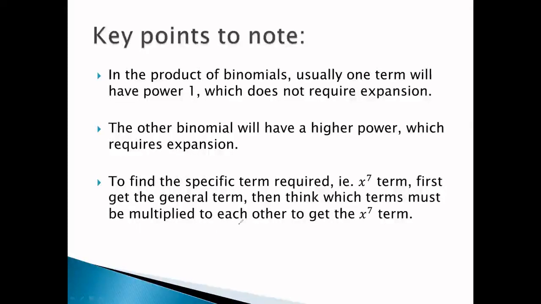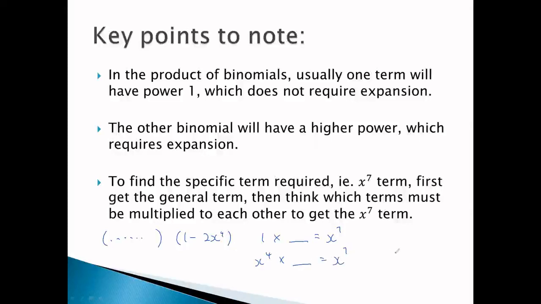For example, if I have this, maybe x to the power 4, okay? And that's my binomial expansion here. I want an x to the power 7. Okay, I got my 1. What do I need to get x to the power 7? I got my x to the power 4 here, from here, right? What do I need here to get x to the power 7?